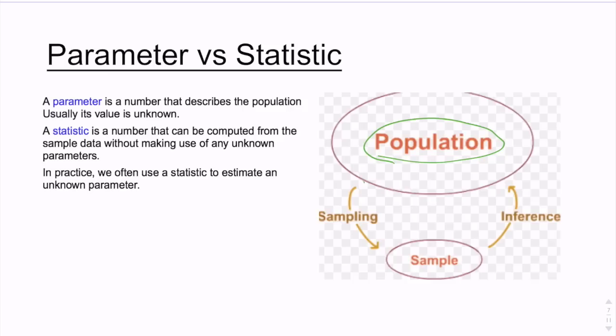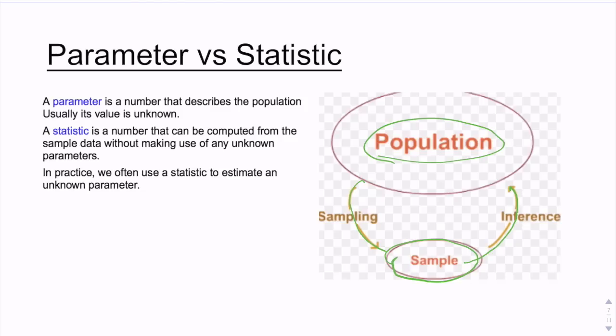We sample from this population, we get a subpopulation or a sample which hopefully truly represents the entire population. We compute the statistics. This statistic could be mean, variance, or other statistical measurements, and then these statistics will provide some info about the parameters of this population.